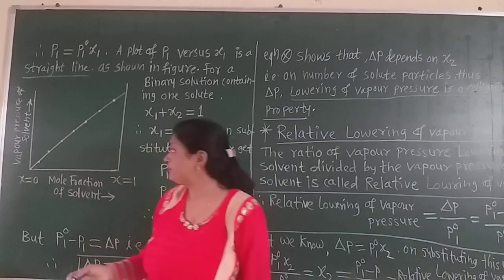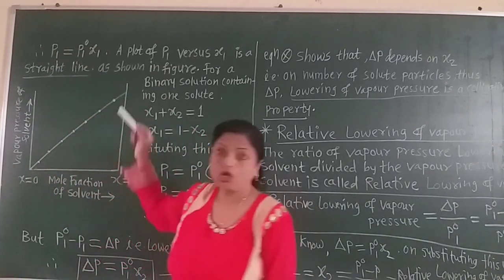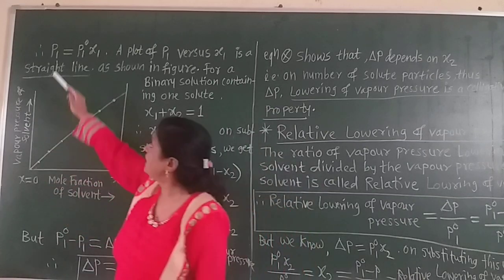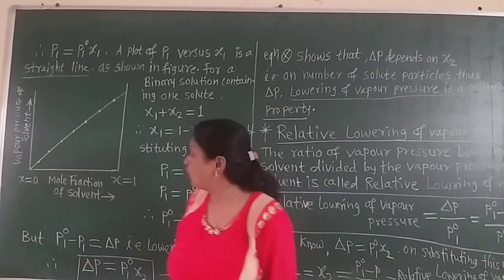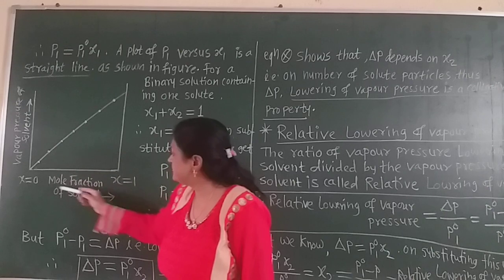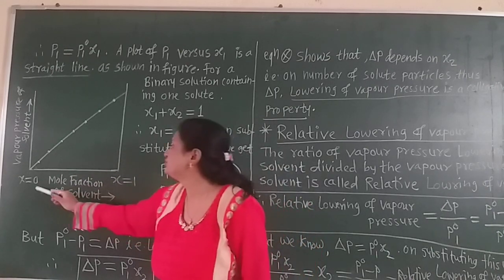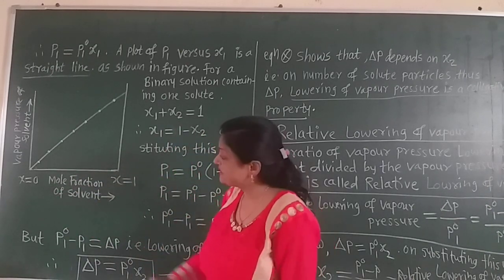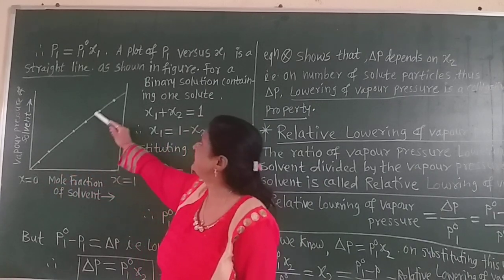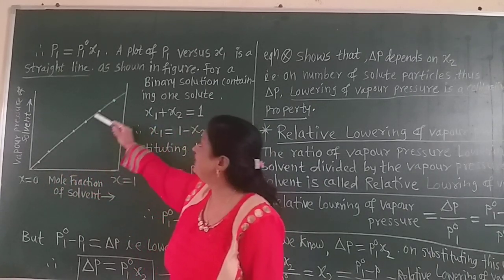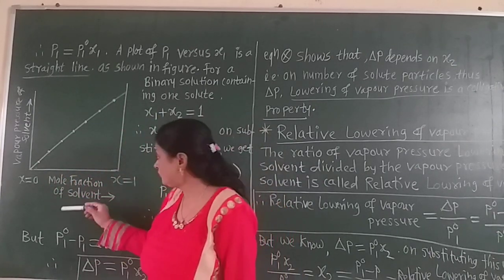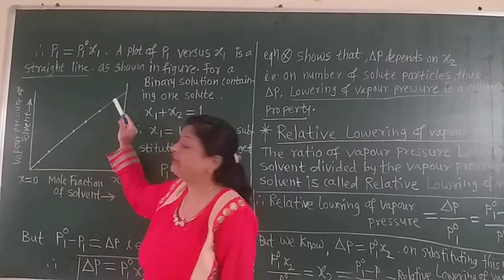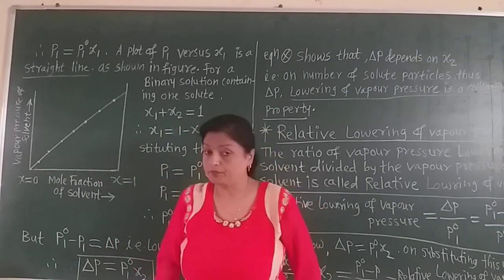There is no intercept. As the mole fraction increases from 0 to 1, the vapor pressure increases, and we see a straight line.